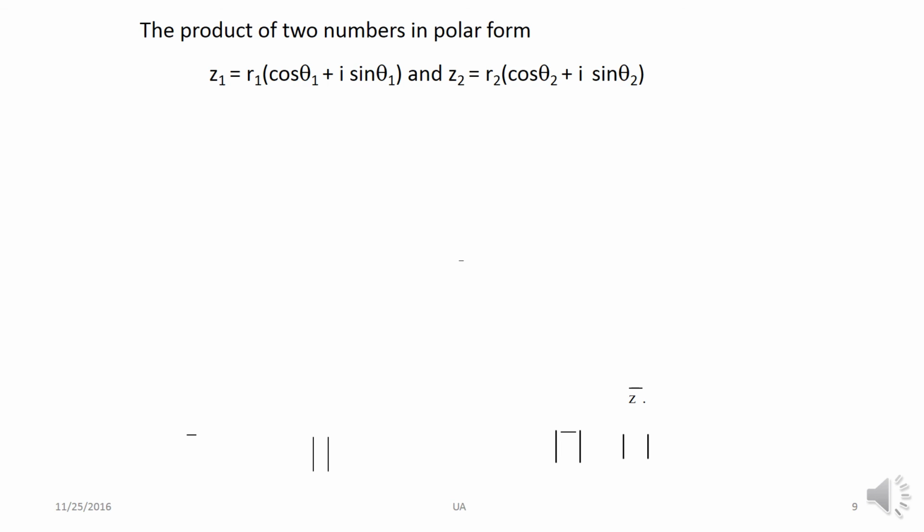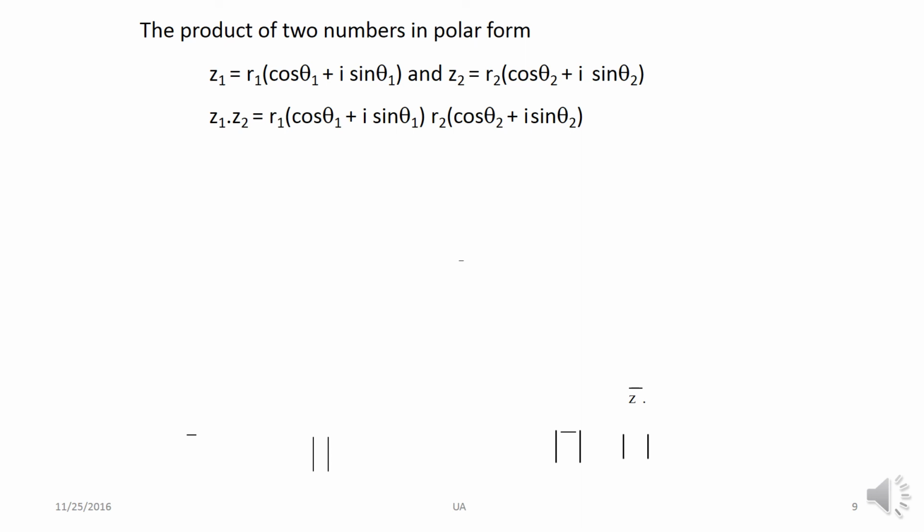In this slide we see the product of two numbers in polar form and then the product of n numbers in polar form. z1 is equal to r1 (cos theta 1 plus i sin theta 1) and z2 is equal to r2 (cos theta 2 plus i sin theta 2). These are two numbers and we are multiplying them. z1 z2 is equal to r1 (cos theta 1 plus i sin theta 1) into r2 (cos theta 2 plus i sin theta 2).